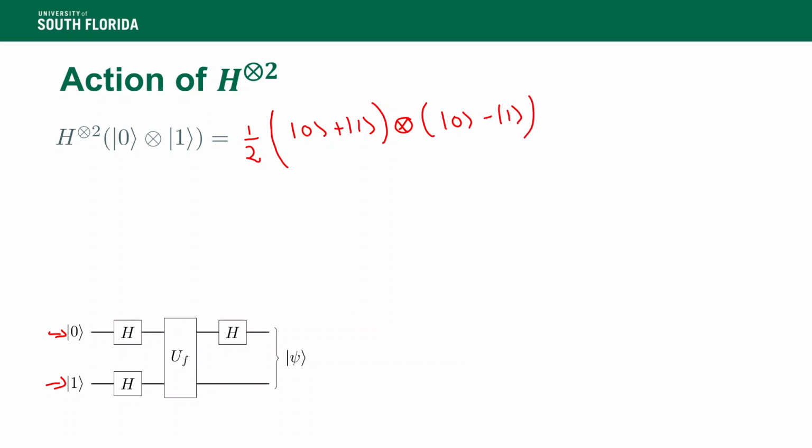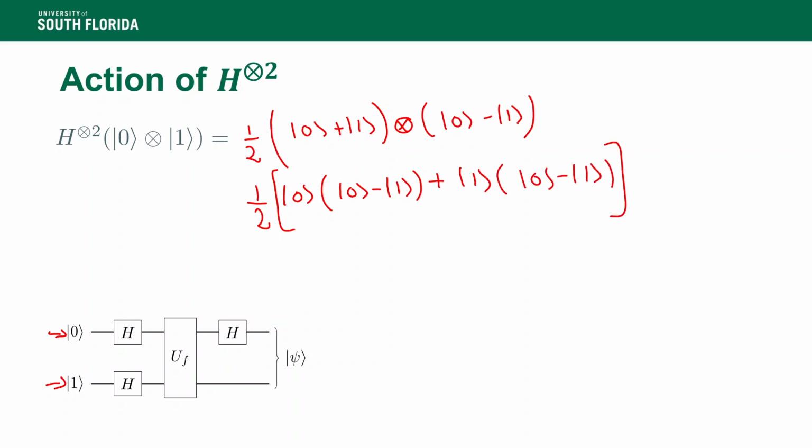And that, in turn, is 1/2 |0> tensored with (|0> - |1>), so I'm just expanding here the product, plus, I guess I could have the bracket here, so (|0> + |1>) tensored (|0> - |1>), and I close the bracket.